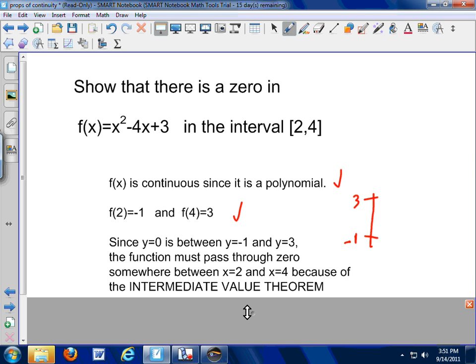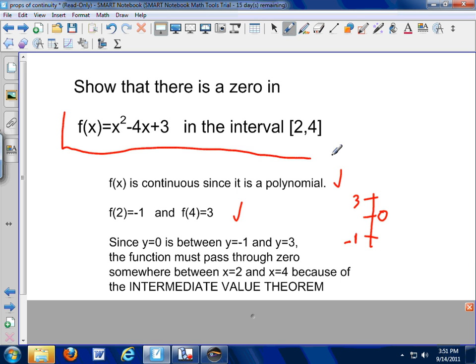My y value is below 0 here, above 0 there. On a continuous path, is there any way to get from -1 to 3 without passing through 0? I think not. There's the intermediate value theorem. In this case, instead of going from 0 to 100, we went from -1 to 3.